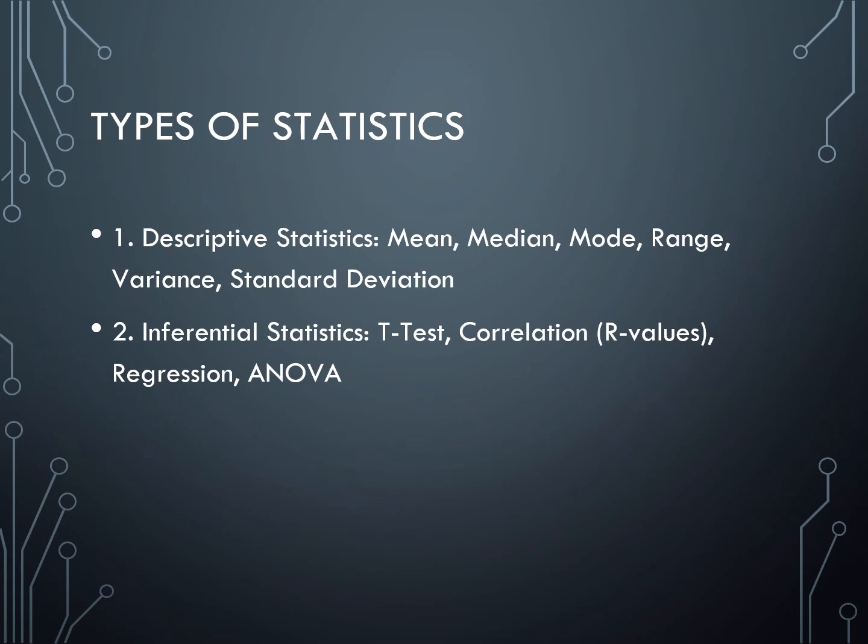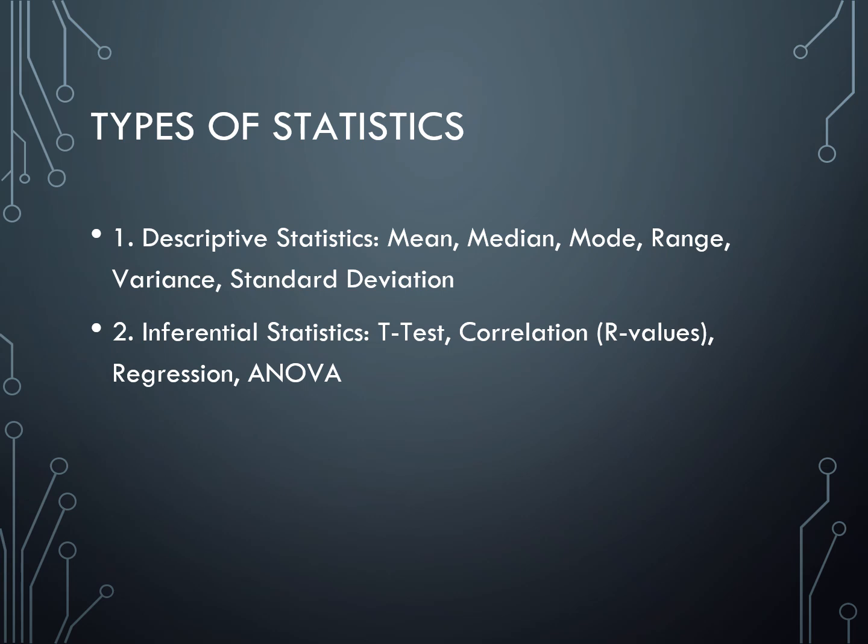Now, types of statistics. In descriptive statistics, we simply describe the data using measures like mean, median, mode, range, variance, and standard deviation, to summarize what the data shows. Inferential statistics, on the other hand, allows us to make conclusions or predictions about a population based on a sample.